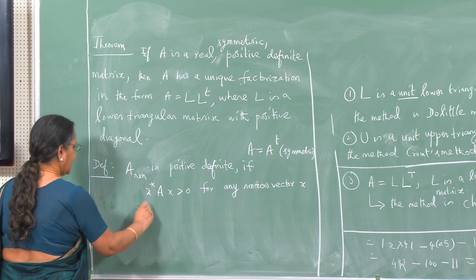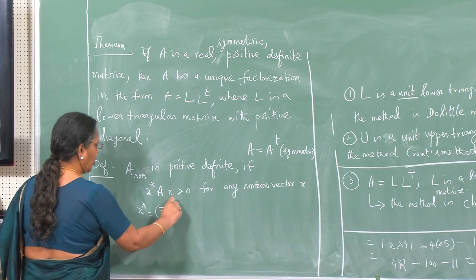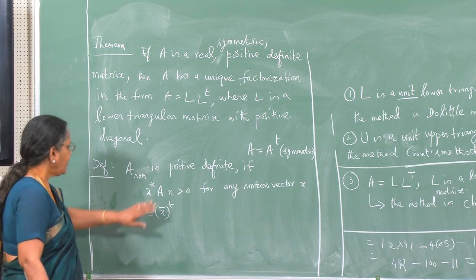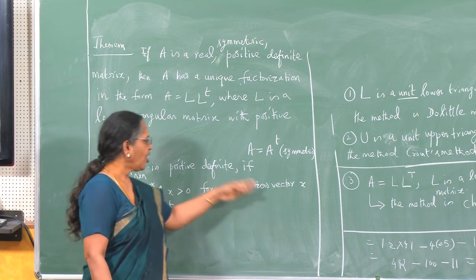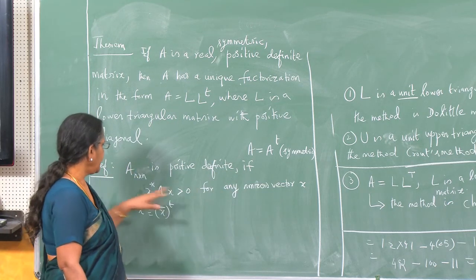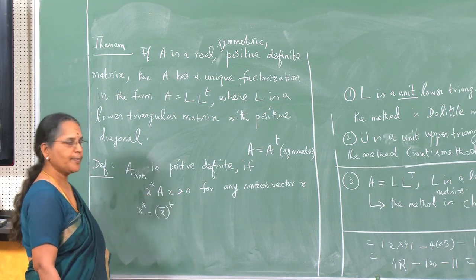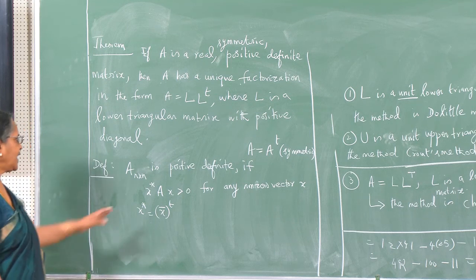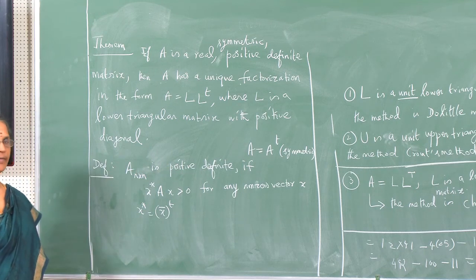What is x star? X star is the transpose of the conjugate. So, if this condition is satisfied, namely take a non-zero vector x, and if x star A x is greater than 0 for any non-zero vector x, then you say that A is a positive definite matrix.